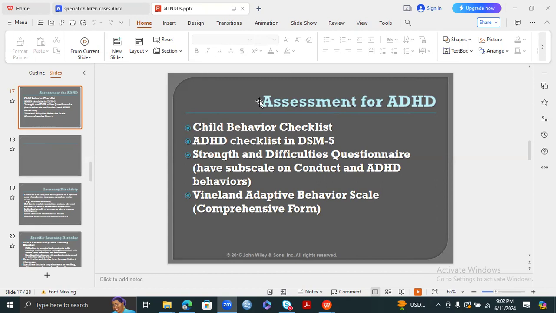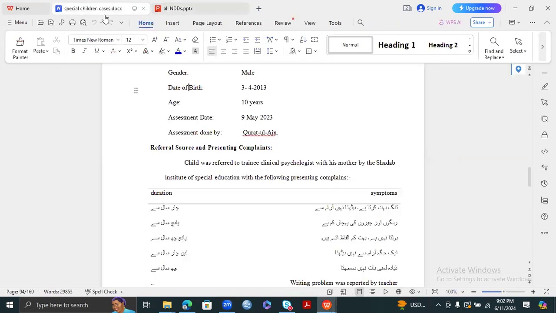So you have accessibility towards the neurodevelopmental disorders in the case of the Vineland Adaptive Behavior Scale. All right. So we have talked about each and every possible way about ADHD.